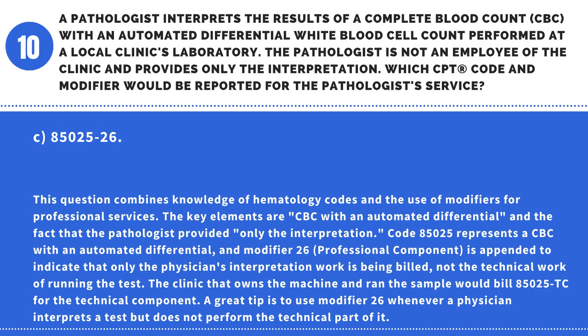Answer: C. 85025-26. This question combines knowledge of hematology codes and the use of modifiers for professional services. The key elements are CBC with an automated differential and the fact that the pathologist provided only the interpretation.